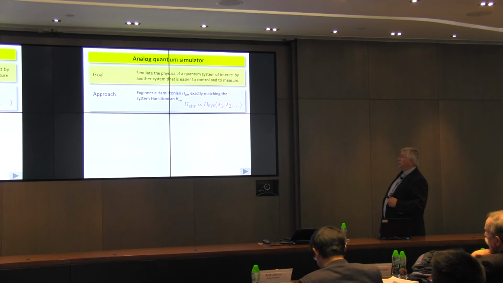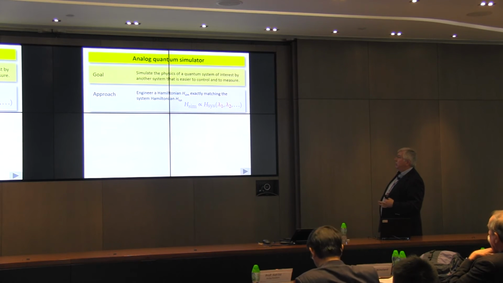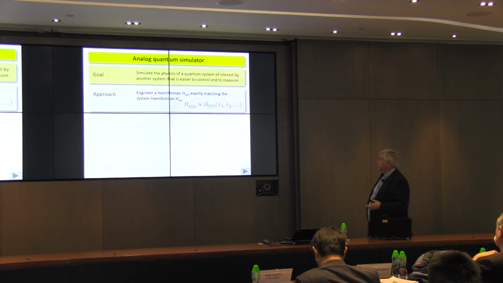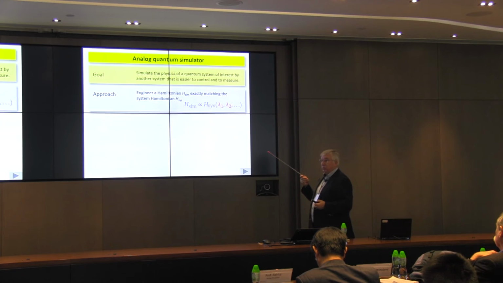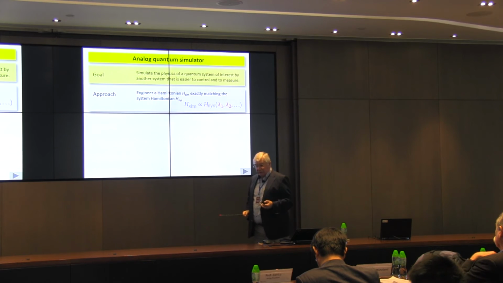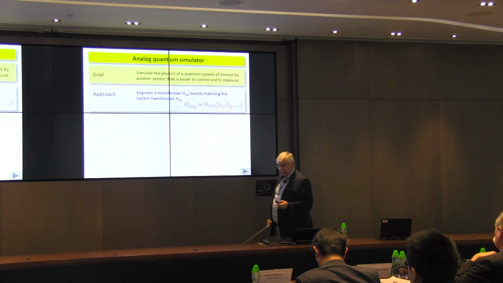So let's start with a simulator. A simulator, in principle, is nothing else but a system that allows you to simulate the physics of a quantum system of interest by another system that's a lot easier to control or to measure. This could be done, for example, by finding similarities between the Hamiltonians that you want to use for the system and the one that you use for the simulator.